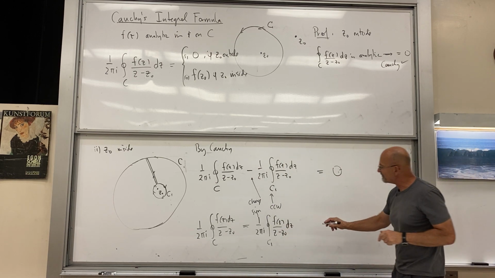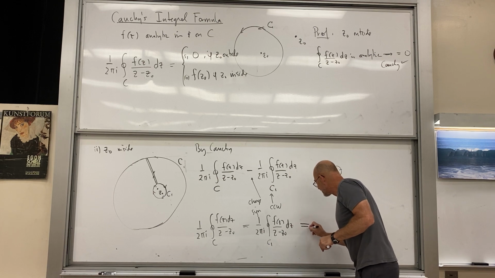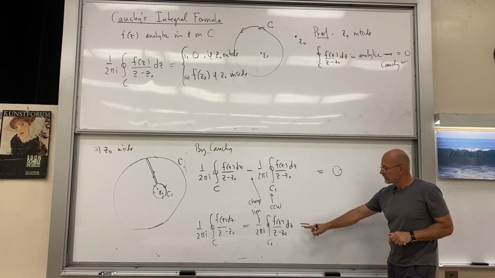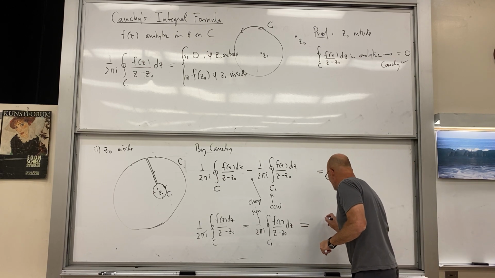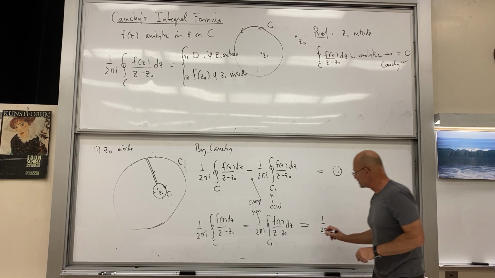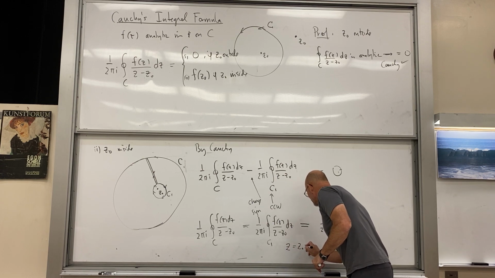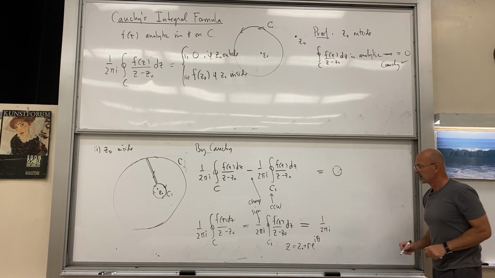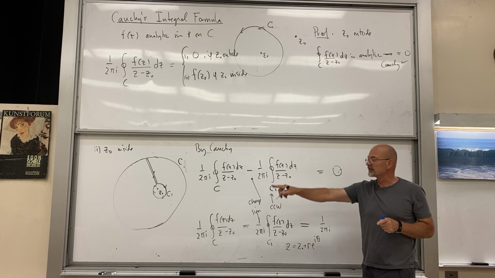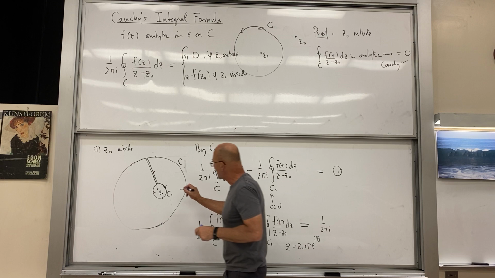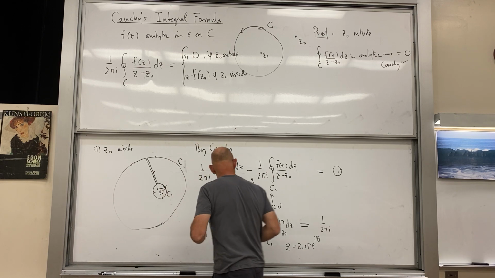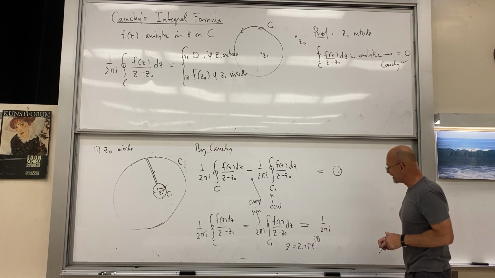But now we're going to evaluate this thing. So leave some room under here. We're going to evaluate that for the following situation. z is equal to z sub 0 plus r e to the i theta. We're just going to turn that into a tiny little circle of radius r, r e to the i theta.